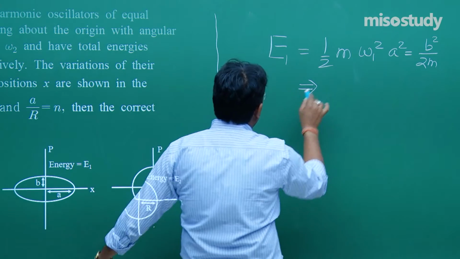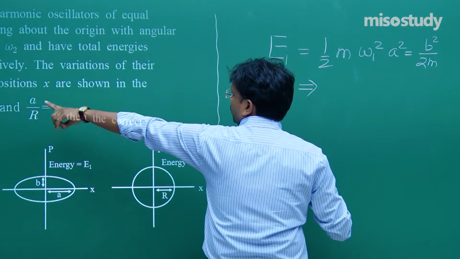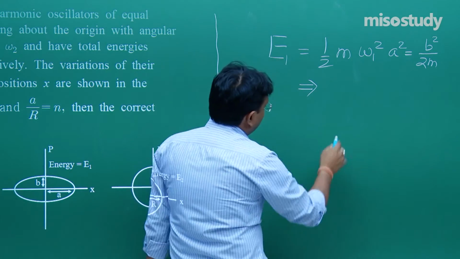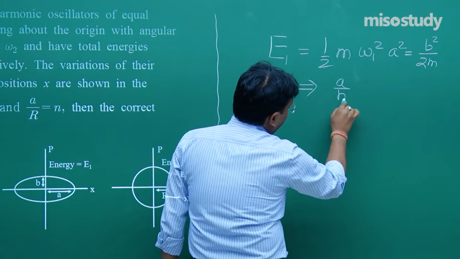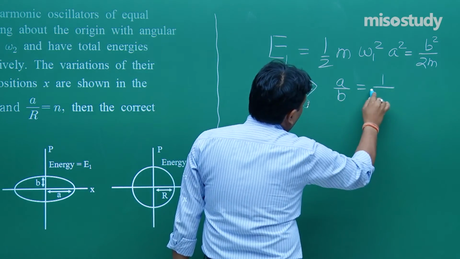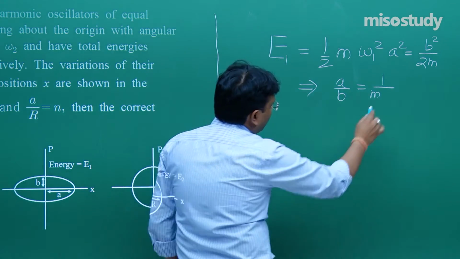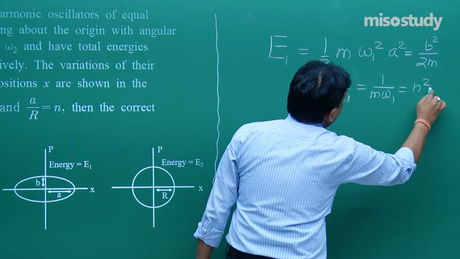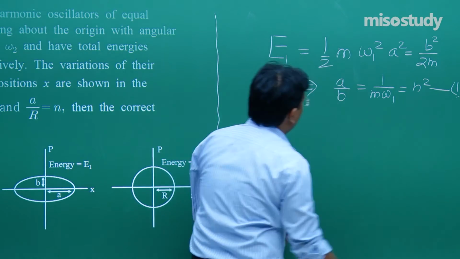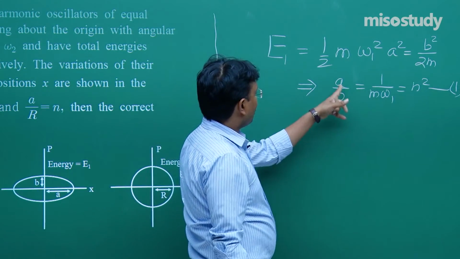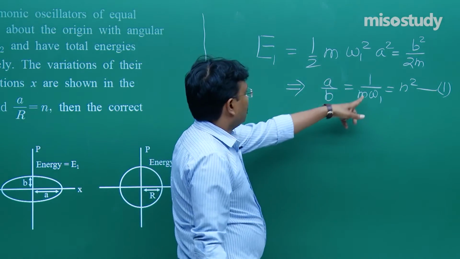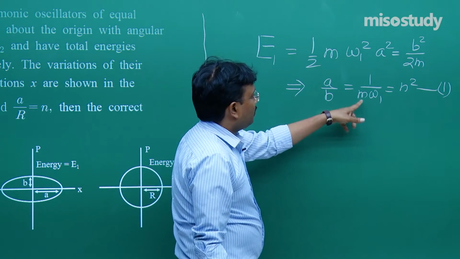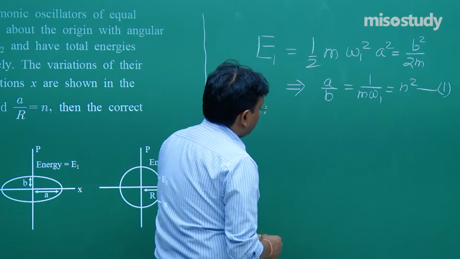One more thing we should incorporate over here is the given value, a upon b is equal to n square. So a upon b is equal to 1 upon m omega 1, which is equal to n square. This entire thing is equation number 1.